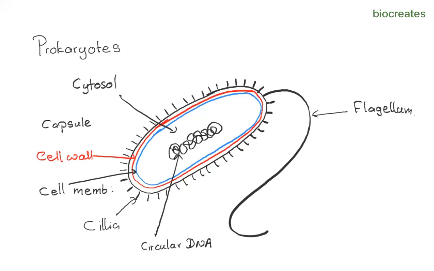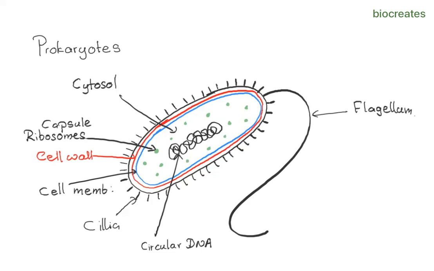Then, in addition to this DNA molecule in the cytoplasm, we can see some other cell organelles, that is, they have ribosomes. These ribosomes are smaller in size.